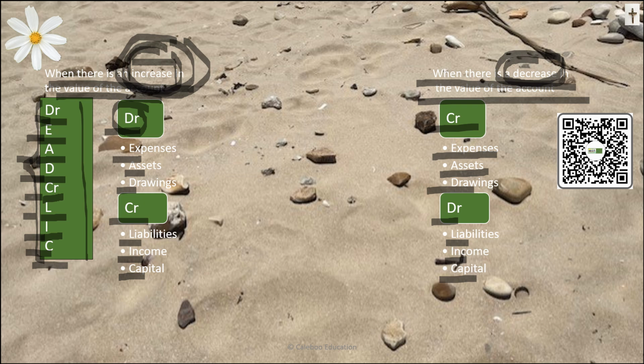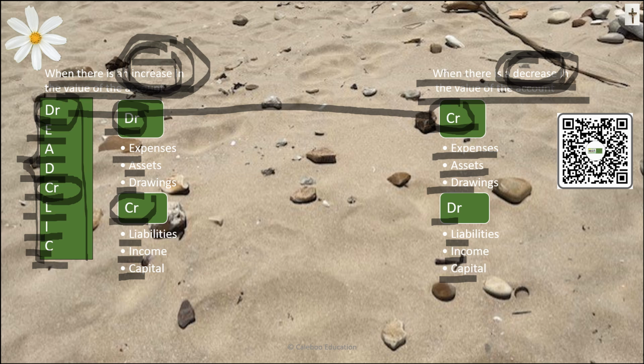What that means is when there's a decrease, instead of debiting, we credit the account. When there's an increase, liabilities, income, and capital are credited. When there's a decrease in value, we debit liabilities, income, and capital.